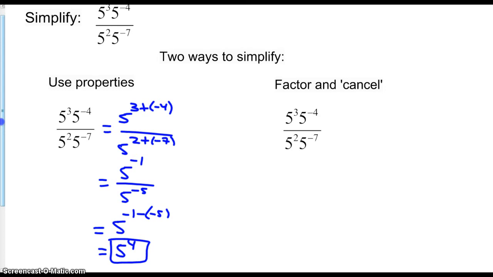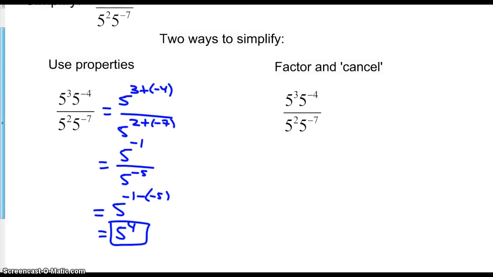Okay, so let's do the same thing but using the factoring method here. What I would do if I'm going to do factoring is I'd go ahead and get rid of negative exponents by using the property that they can move to the other side to become positive. So some people prefer this. What I can do is rewrite it, and if something's already positive, I'm going to leave that on that side. But if I have something to a negative exponent, I'm going to move it to the other side so that it can become positive. Like this 5 to the negative 4 on the top would become 5 to the positive 4 on the bottom.